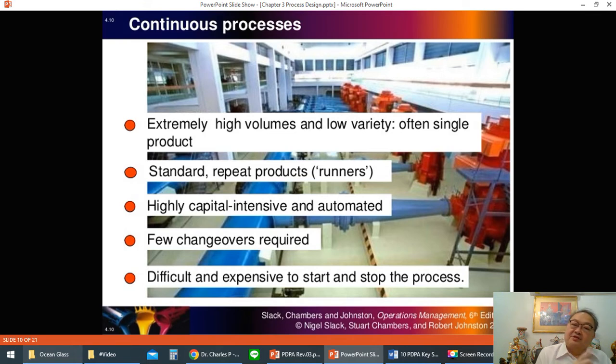But nowadays things have changed because of customer satisfaction. This is the key. To reach customer satisfaction, they have to produce different kinds of products, like fragrance.